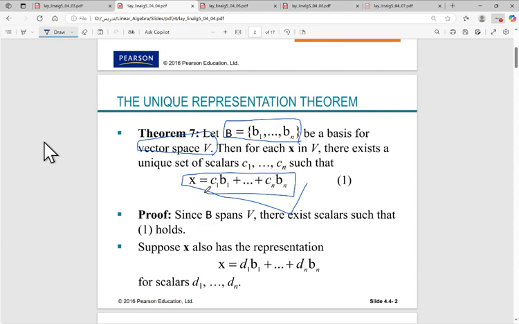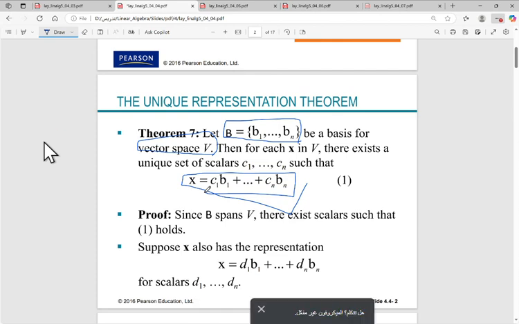proves that if the linear combination is unique, then B1 to Bn is a basis, which means more than spanning. It also has the property of independence. Any vector X can be uniquely written as a linear combination of B1 to Bn.